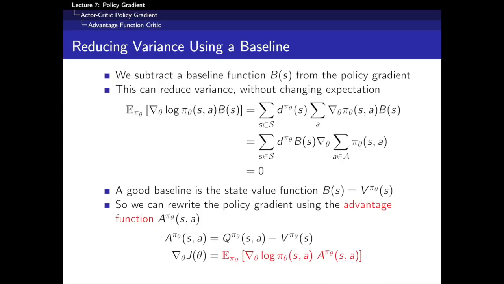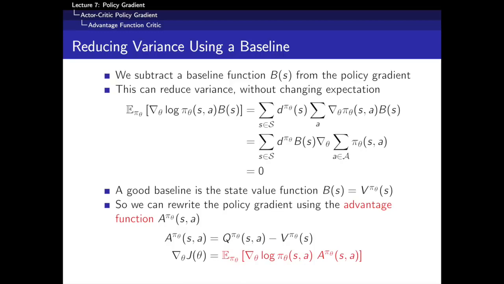Very briefly, if we expand this out, our expectation is over states, multiplied by the gradient of our policy, multiplied by the baseline. We can pull the baseline outside of this sum because it doesn't depend on the action. We can pull the gradient outside of this sum, and then we know that our policy sums to 1.